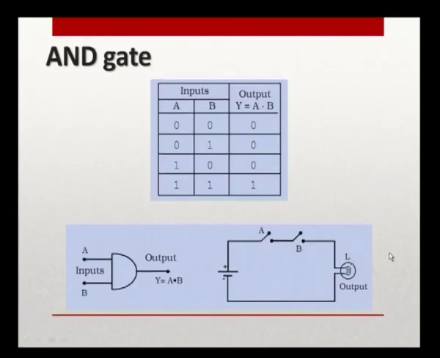Both should be on to get an on as the output state. So let's have a look at the circuit. The two switches are connected in series, A and B. Then only the current will flow, the output is on. Even if any one is off, the off here is 0, the output will be 0. So it is typically explaining the AND gate operation.